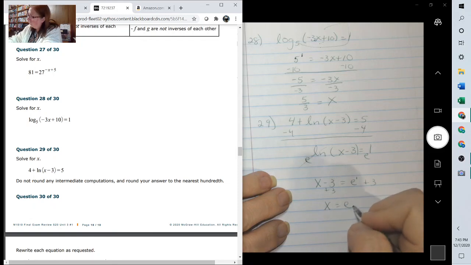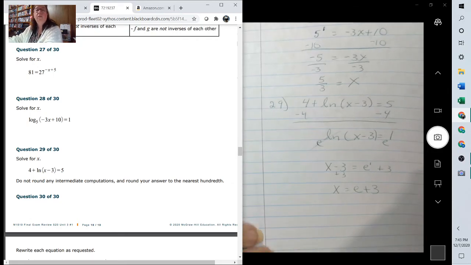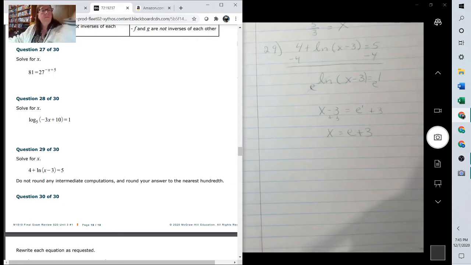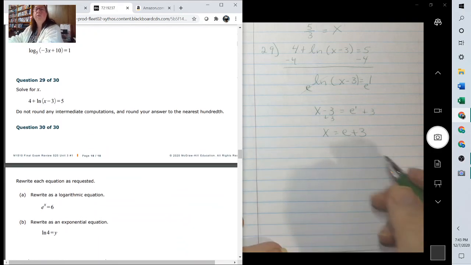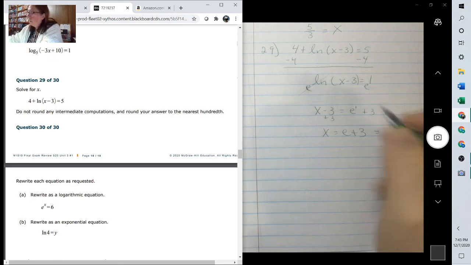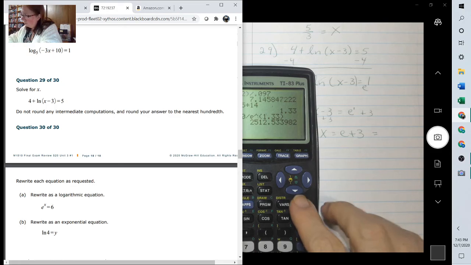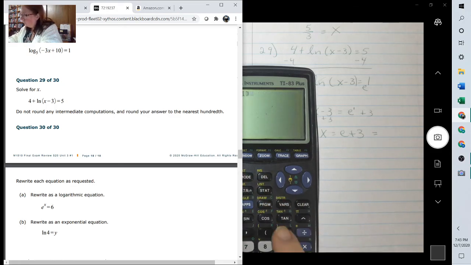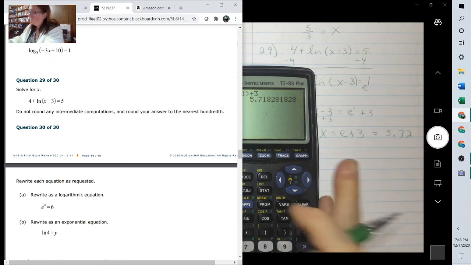X equals e plus 3. The 1 doesn't have to show because it's a 1. Oh, this one they wanted us to plug in the calculator. So e to the first plus 3. Round to the hundredth: 5.72.